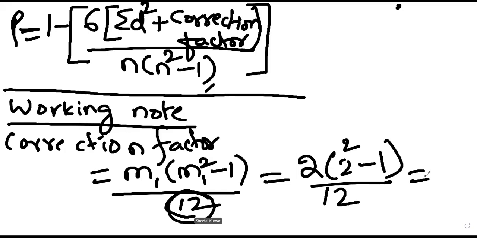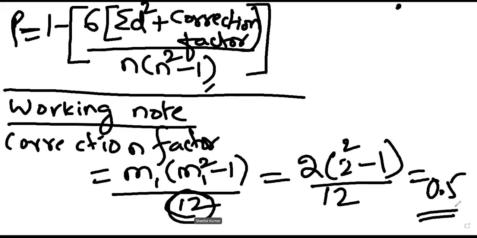So actually you can memorize this. When m1 is equal to 2, that means the value is repeated twice. What is the correction factor? 0.5 is the answer. So you can just learn this value by heart. Whenever a value occurs twice, the correction factor will be equal to 0.5.